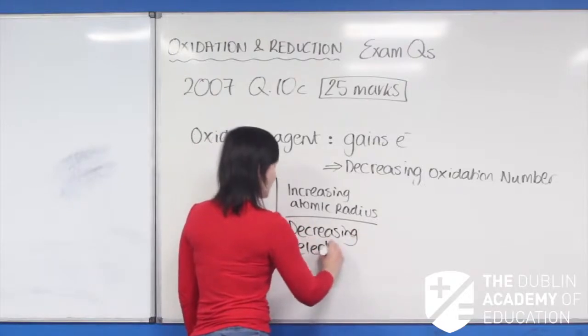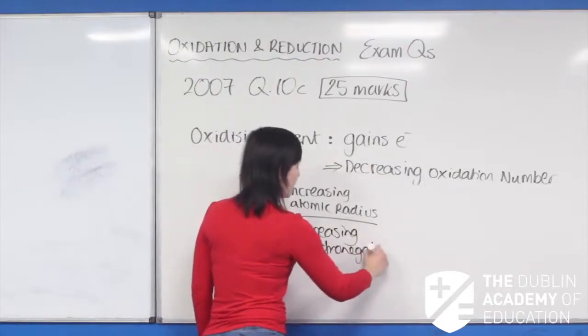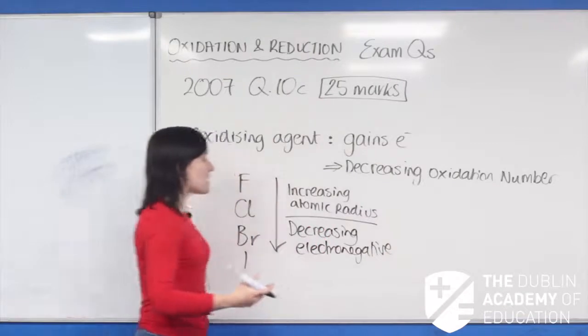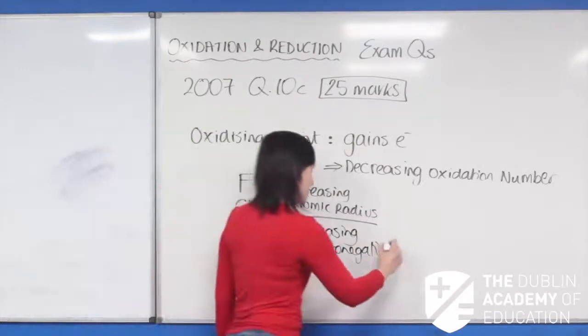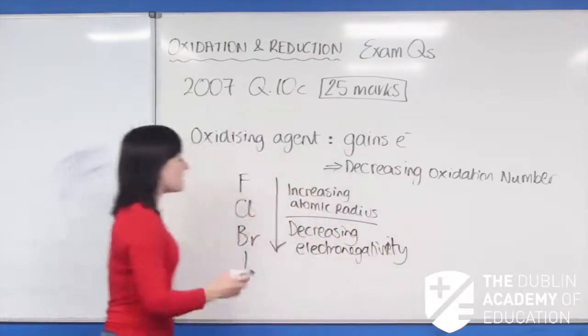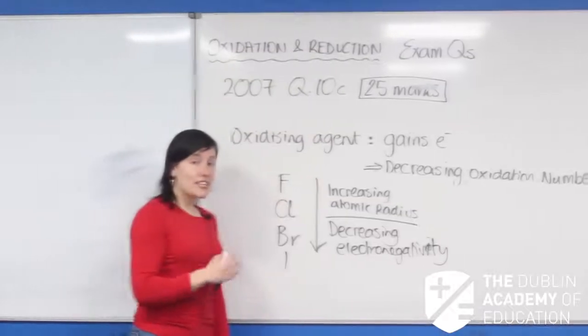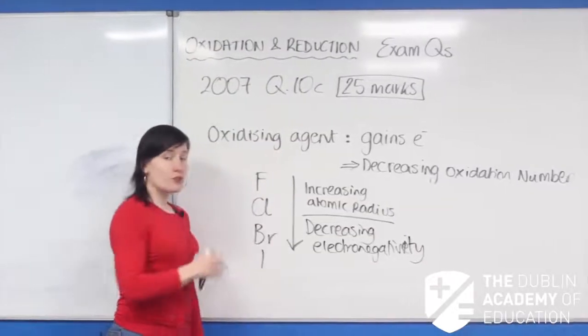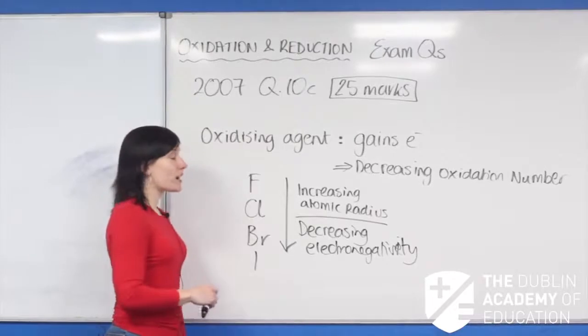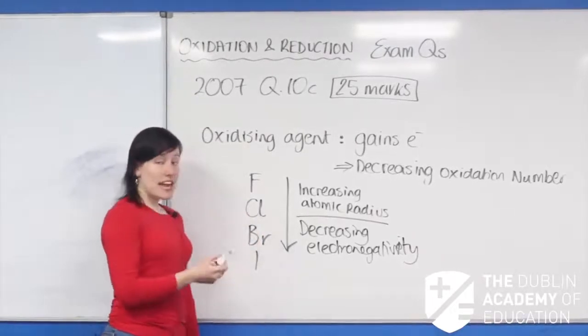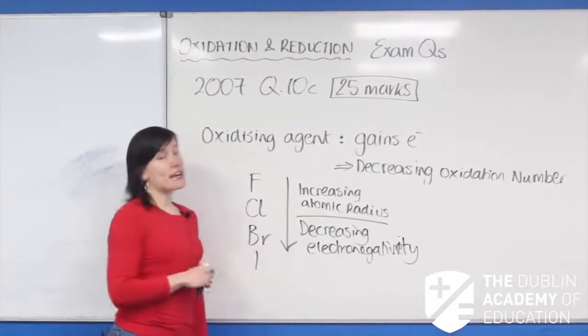And don't forget, electronegativity, this is a nice bit of revision from another topic, is the ability of an atom of an element to attract electrons. It's the relative attraction that an atom of an element has for a shared pair of electrons in a covalent bond.